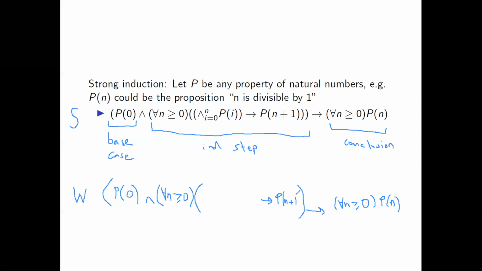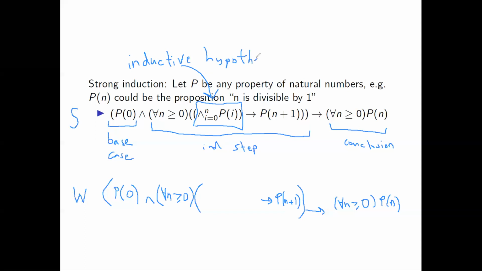But the main difference is in this first part right here, which I'll put in a box. Bring a little arrow to that. That's our inductive hypothesis. And that's the key difference between strong induction and weak induction.